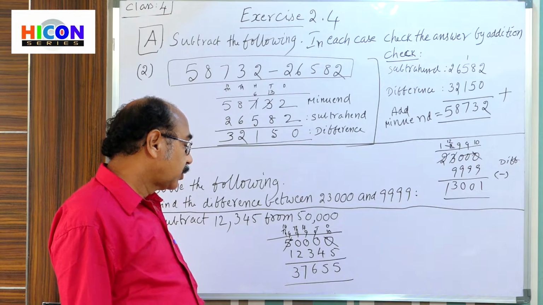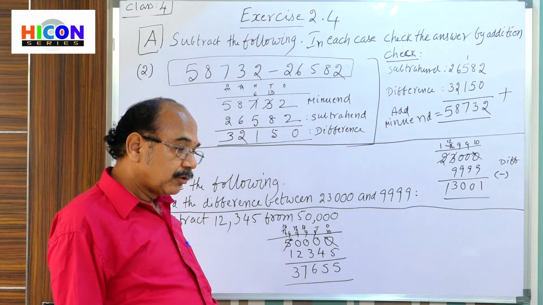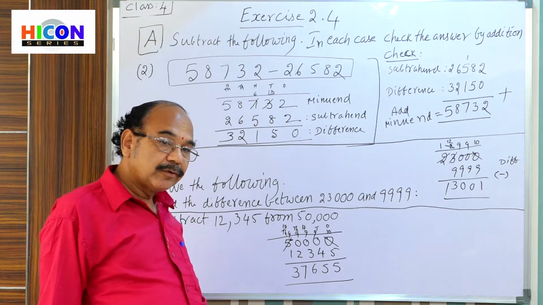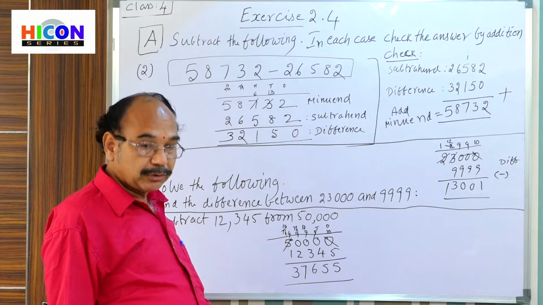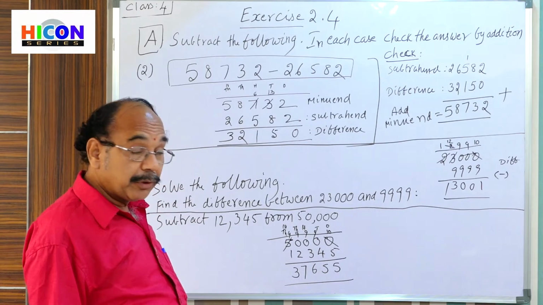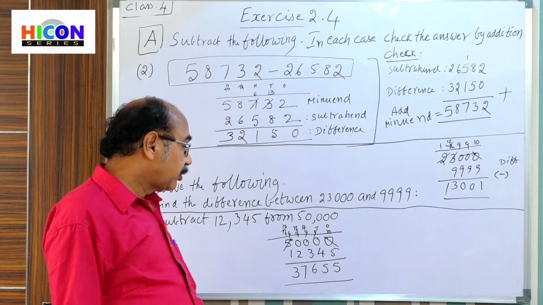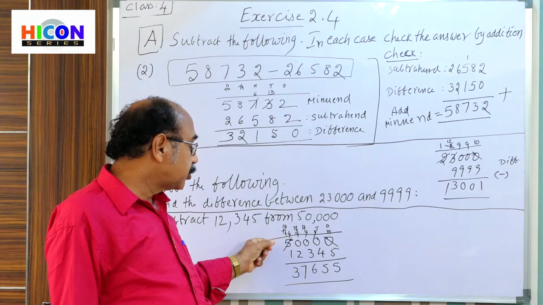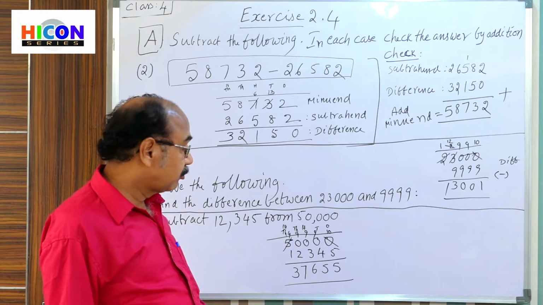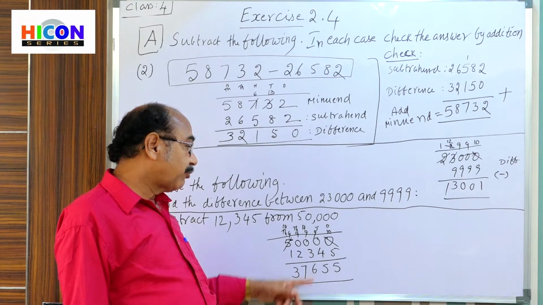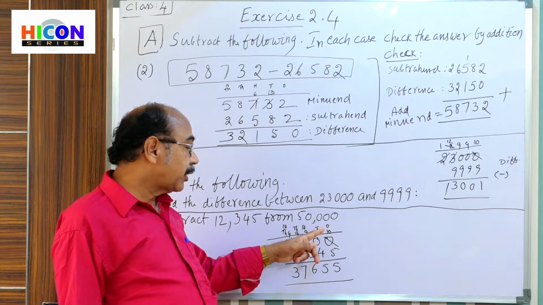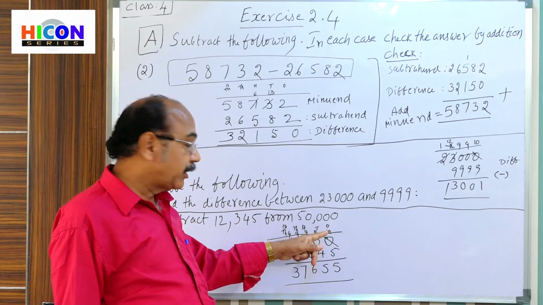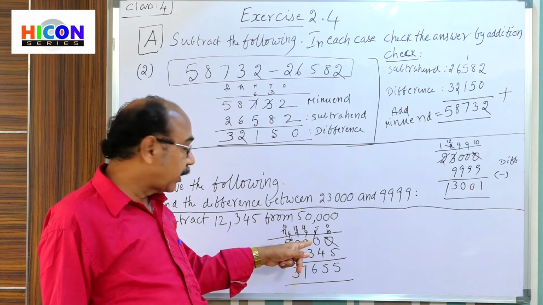Okay, children. So here you have to understand zeros cannot give borrows. That's why we get borrow from the 10,000 place here. From 5 we got borrow. Getting borrow means we get 10. That's why here first I wrote 10 here, and the remaining zeros I wrote 9.